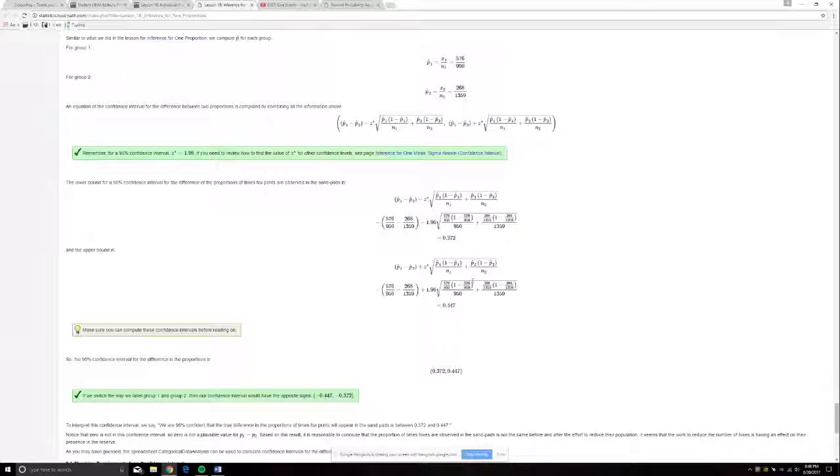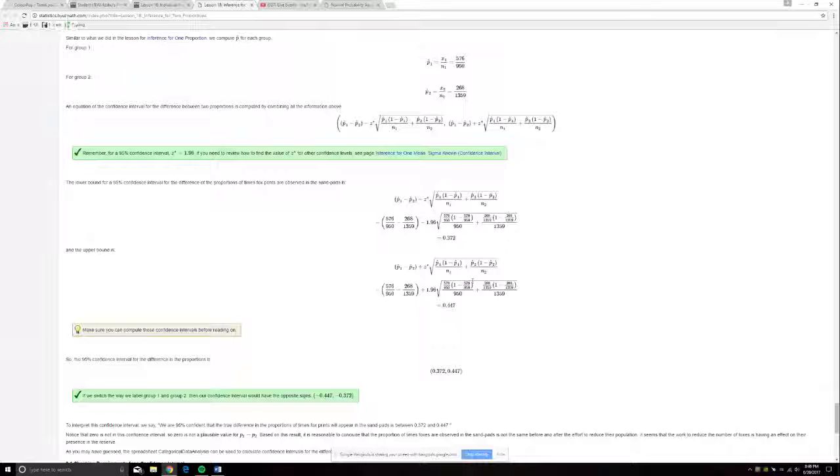Okay. So P1 is 0.743, I believe. Oh, square root of 0.743 times 1 minus 0.743, divided by N1, which was the total girls.